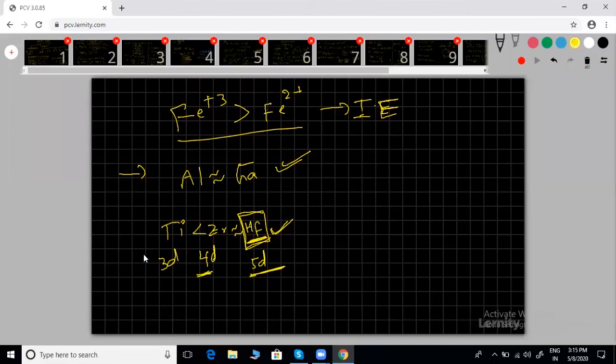But we expect ionization energy to decrease down the group. 3d to 4d decreases, but 4d to 5d is almost the same or a little bit increases. So hafnium has more ionization energy than zirconium. Keep that in mind. This is due to lanthanide contraction.